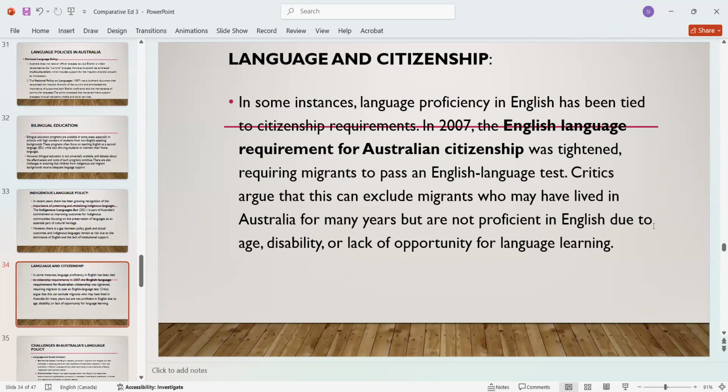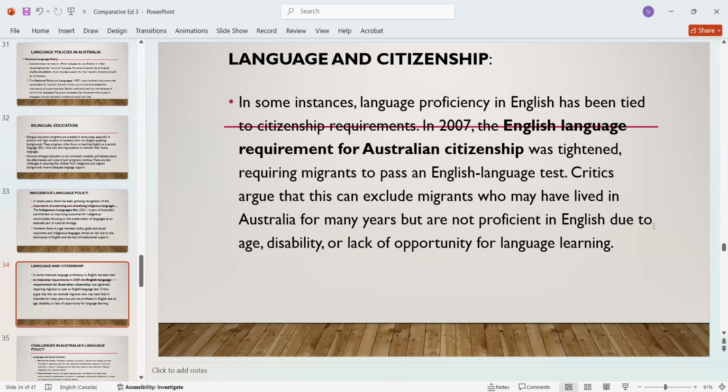If you want to migrate or do any higher studies, you have to pass that exam. That means they are checking your English proficiency because they are going to teach you in English, right? So for Australian citizenship, they need English language. They have to pass the English language exam.